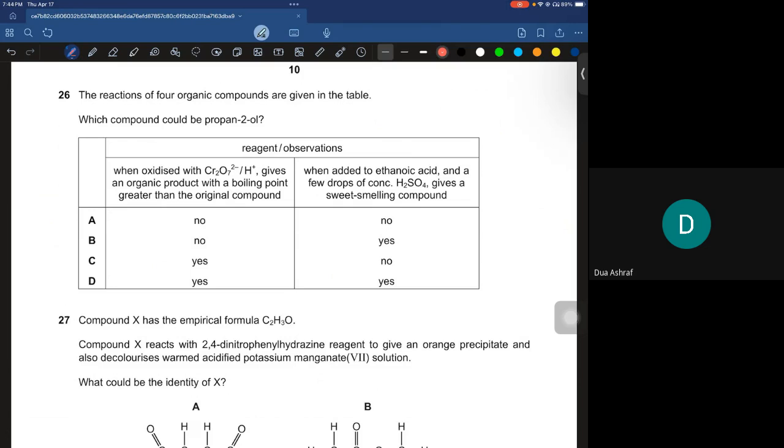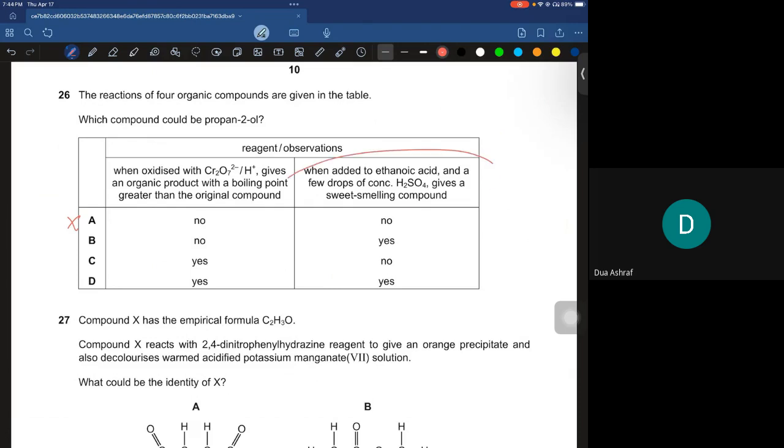And ketone has a lower boiling point than alcohol, because alcohols are going to have hydrogen bonding. When there is hydrogen bonding, the boiling point would be higher. So this is no. Option A is incorrect.